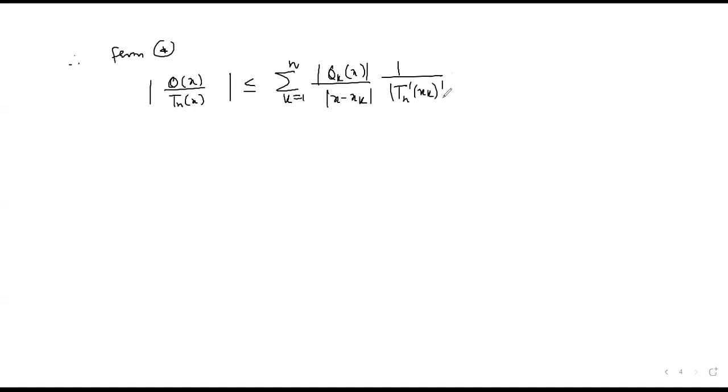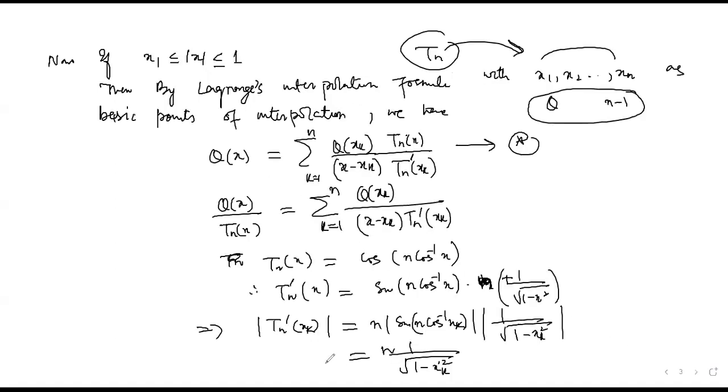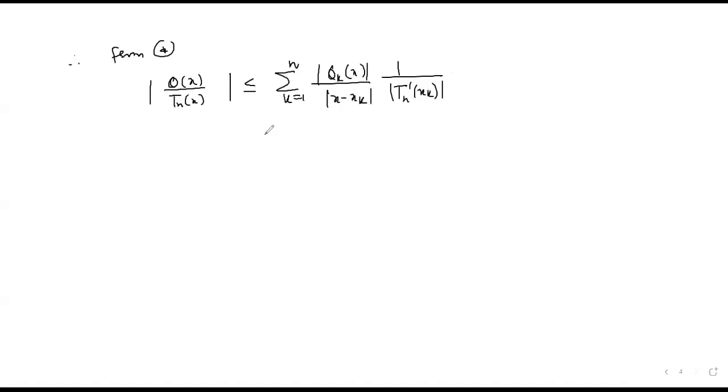And what I have just evaluated is equal to, that would be, we bring it here, n divided by root of 1 minus x square. Of course, so that becomes summation k runs from 1 to n mod of Q of xk divided by mod of x minus xk. And this should be equal to square root of 1 minus xk square whole divided by n.